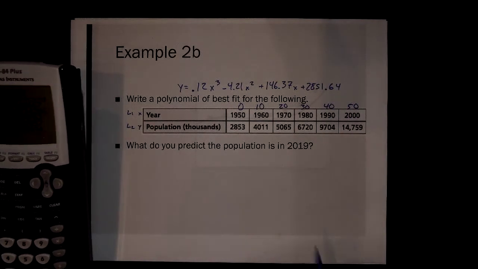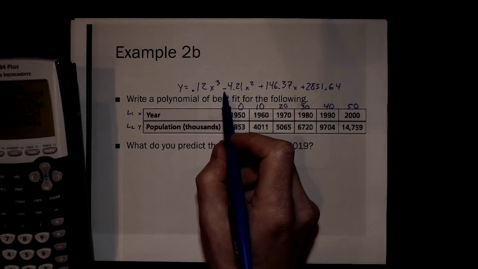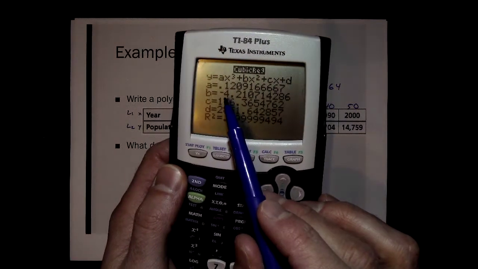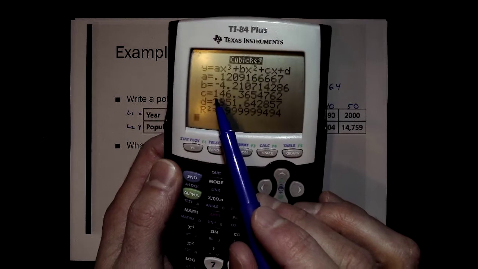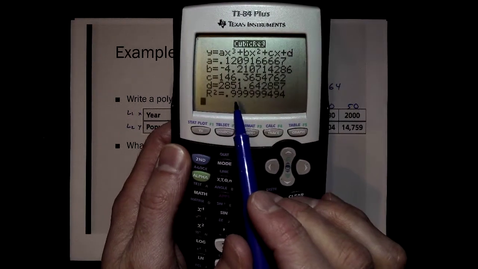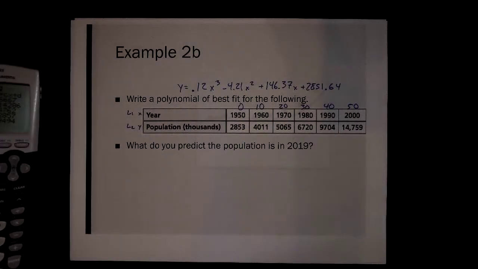Now, one question sometimes we get, how do you know if it's a minus or a plus, right? If it's a negative value, that coefficient is going to be a minus, and if it's a positive value, it's going to be a plus. R value, again, 0.99999, really a good model.